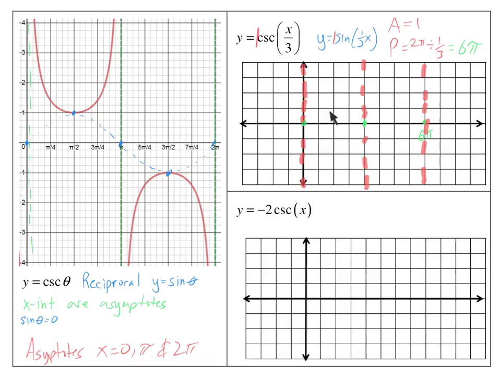Are we going to go up or down 1? Well, my a is 1, correct? So I'm going to call this 1 and call this negative 1. I'm going to go up 1 here and down 1 here. And if I drew sine in, wouldn't this be what sine would look like? Wouldn't sine go up and then back down?